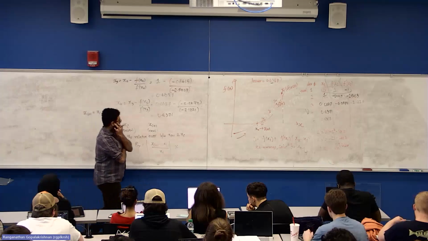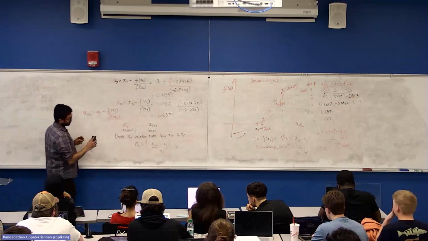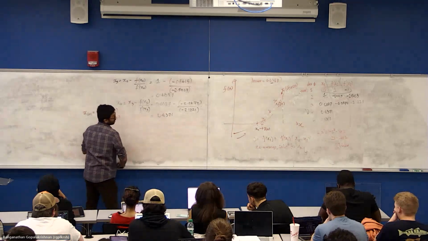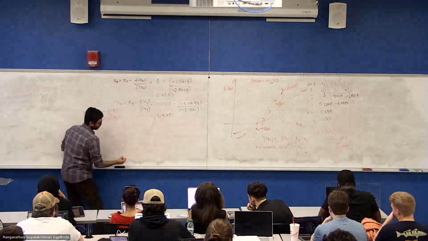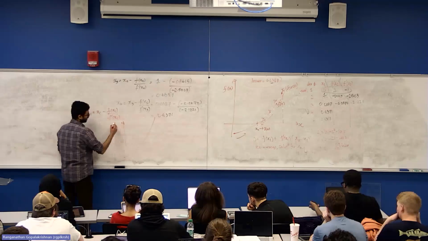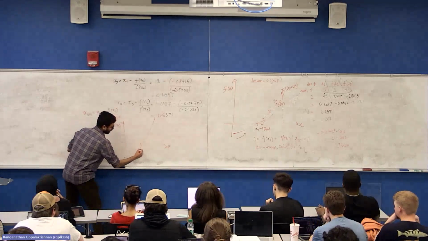Okay, so this is what I meant to repeat, to just say how this process works. So let's say you have a function which we are trying to solve. This is f of x and this is x. So you want to figure out where the root is.